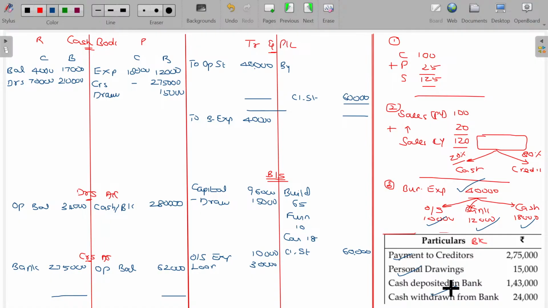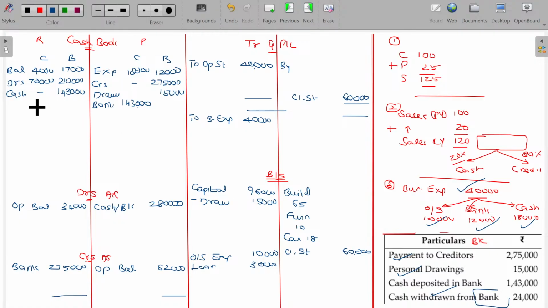Cash deposited in bank. So for the bank, it is a receipt of 1,43,000. For cash, it's a payment of 1,43,000. Contra entry. Under cash, it is bank. Under bank, it is cash. Cash withdrawn from bank. So from the bank, it is now withdrawn.